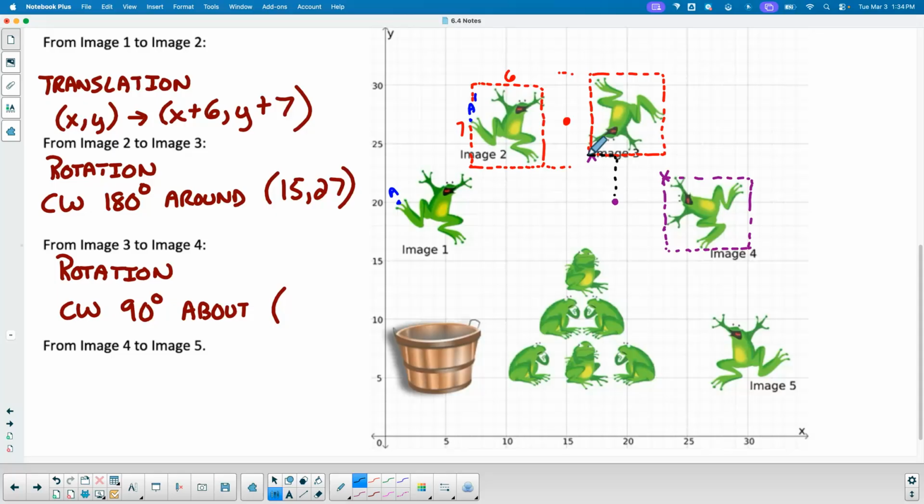So that needs to rotate 90 degrees clockwise, so then that would be 4 here and right there. Is there only one what? There can only be one rotation point. Yep. Okay. 4 to 5.